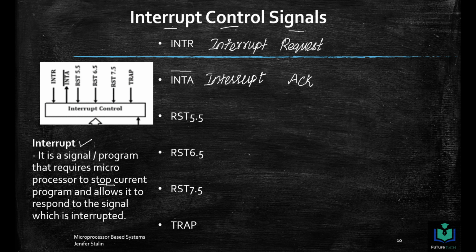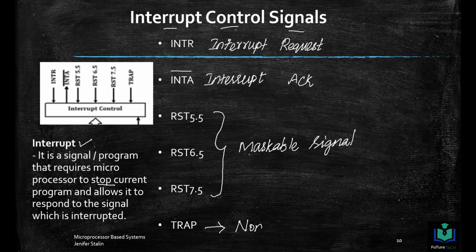Out of these four signals, three are maskable signals, and the trap signal is a non-maskable signal.